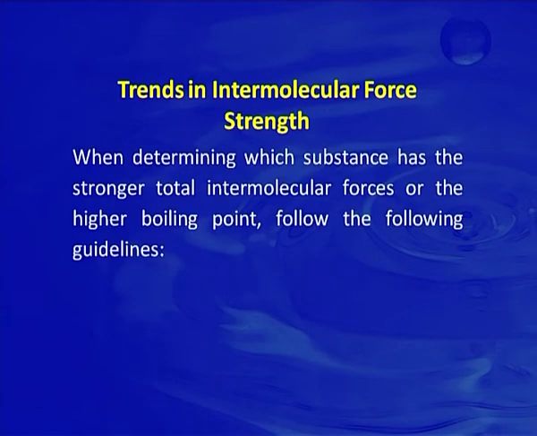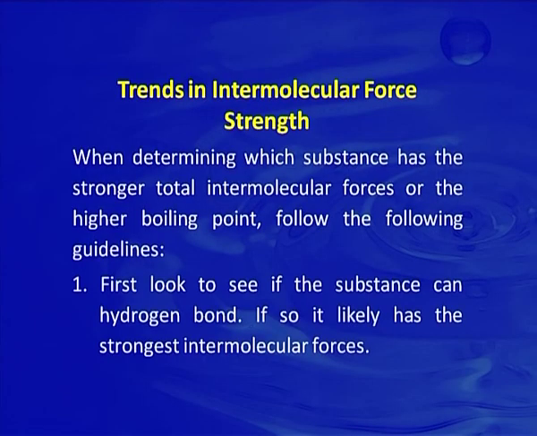Trends in intermolecular force strength. When determining which substance has the stronger total intermolecular forces or the higher boiling point, follow the following guidelines. First, look to see if the substance can hydrogen bond.